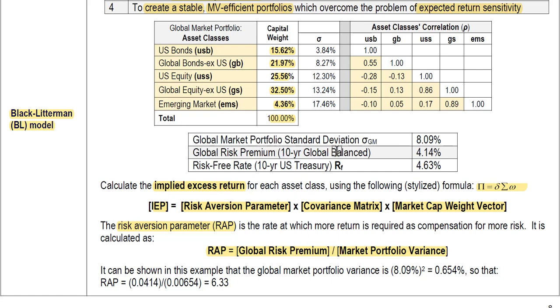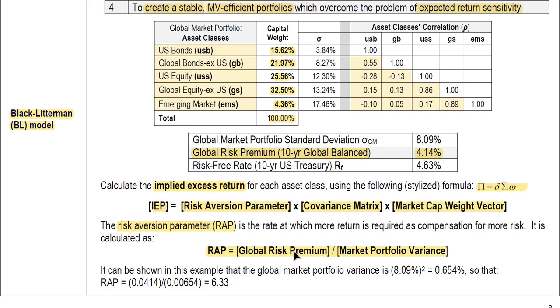For example, here the global premium is 4.14%. That means it's for a global bond we estimate, not necessarily using historical data, but this is the estimate. The global risk premium additional to the 10-year global bond is about 4.14%.